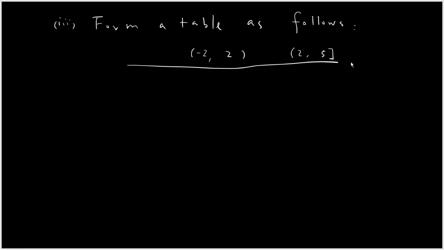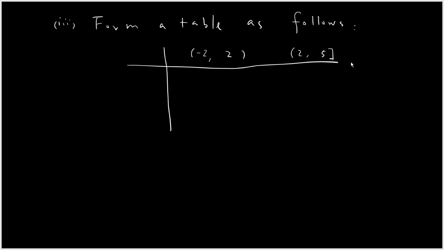So in general, if you have many critical numbers, you can imagine many critical numbers will divide the interval into how many subintervals, right? And then there could be many subintervals. After getting the first row, you get the columns.